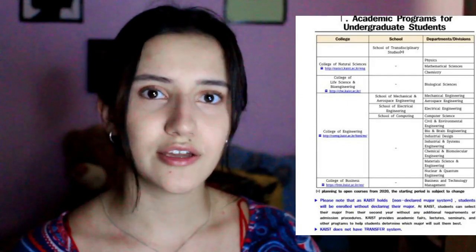When you apply for KAIST, you don't have to choose your major, because you need to study for 1 year and take all the basic classes, I guess. And then in your second year of studies, you can choose your major. So you don't need to worry about what major you should choose, because you will have the entire year to think about what you really like. And KAIST doesn't have a transfer system.